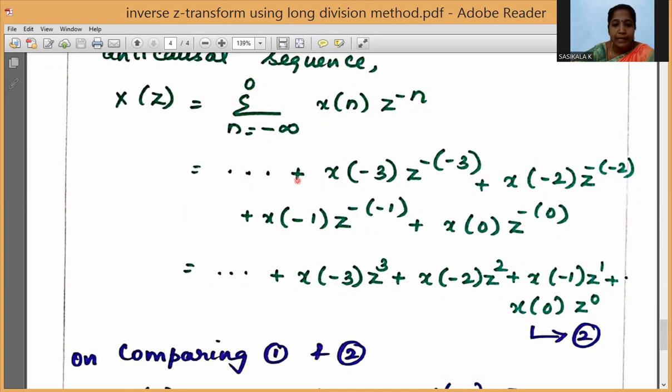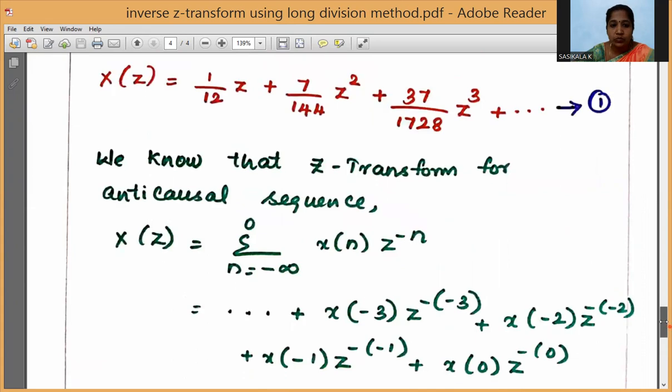So etc. plus, my n value is minus 3, so x of minus 3 into z power minus of minus 3, plus x of minus 2 into z power minus of minus 2, plus x of minus 1 into z power minus of minus 1, plus x of 0 into z power minus 0. So you'll be getting etc. plus x of minus 3 into z³, plus x of minus 2 into z², plus x of minus 1 into z¹, plus x of 0 into z⁰. z⁰ is 1. So this is equation number 2.